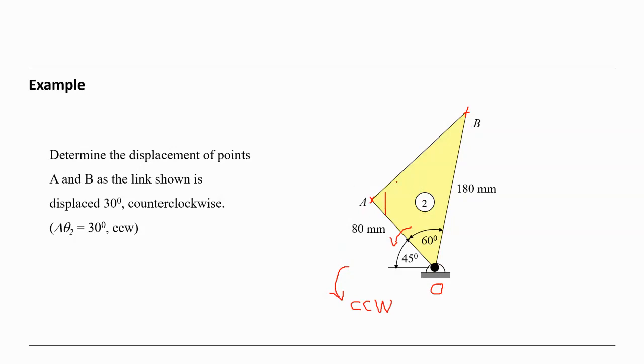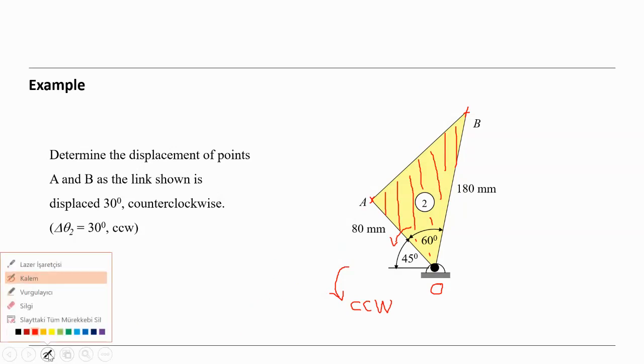This yellow one is a rigid body, number 2, and it moves from the position OAB to the position O, A prime, B prime, for example.